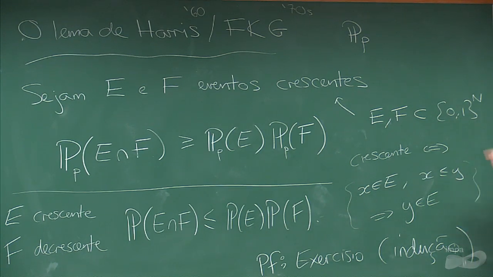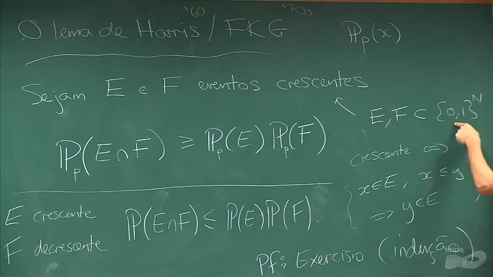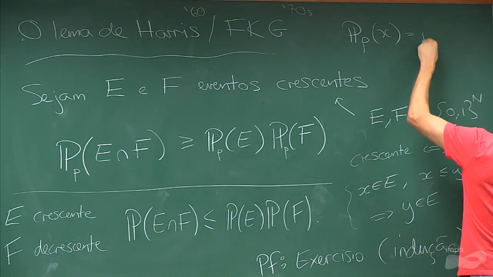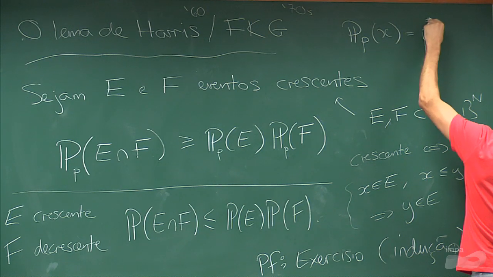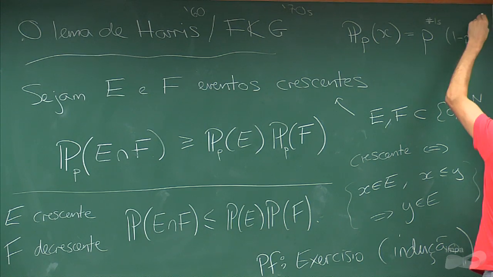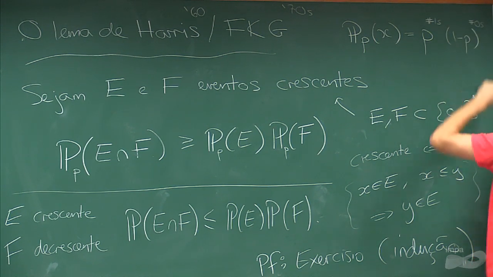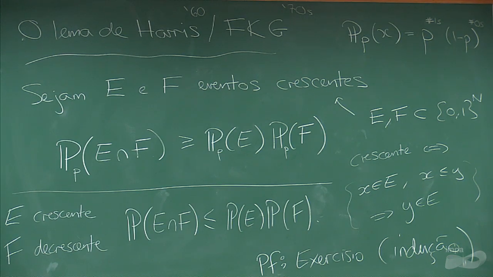That we choose the probability of a certain x in {0,1}^n to be p to the number of 1s in x times 1 minus p to the number of zeros. So we choose each coordinate independently at random, with probability p of being 1.